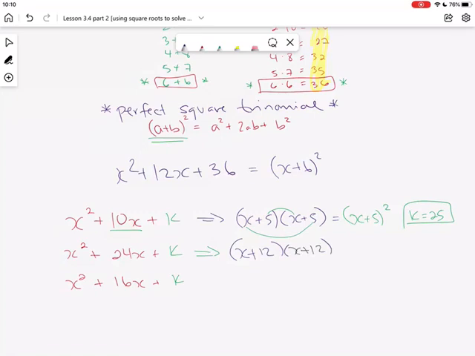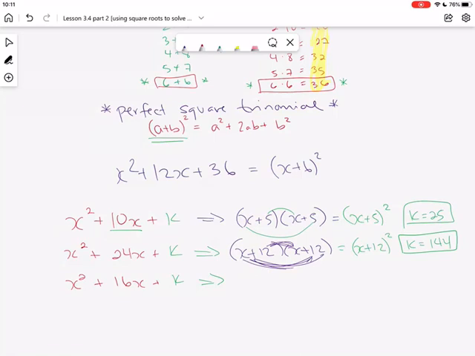That's going to give me that inside-outside situation where I have 12 times x and x times 12, where I'll get 12x plus 12x, which will give me 24x. Therefore, this can be x plus 12 squared, and that means that k would have to be 12 times 12, which would be 144. So in this case, k is equal to 144.